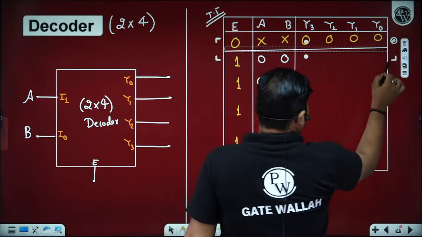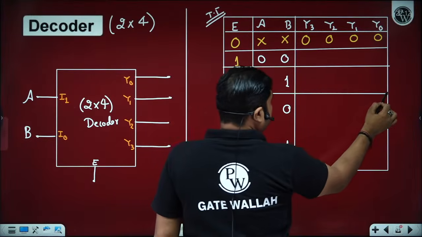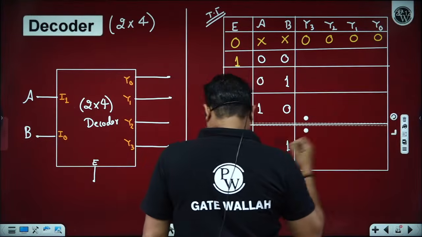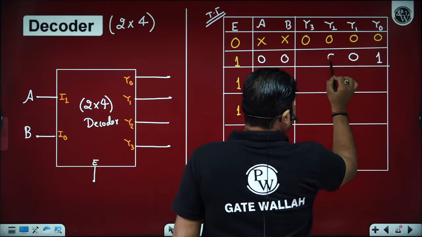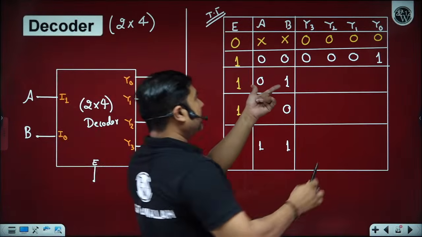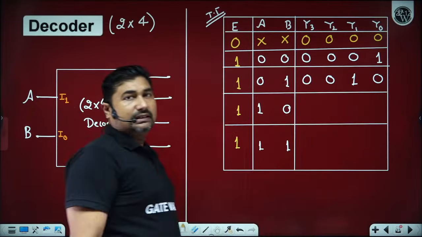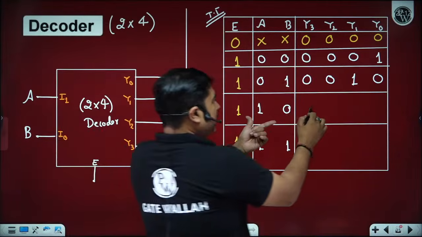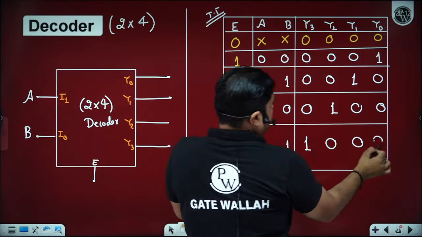If enable is high and the input data is 0, 0, then the Y0 pin will become high and the rest of the output pins will remain low. In the same way for binary 0 1, Y1 is high, all others are 0. For 1 0, Y2 is high, all others are 0. For 1 1, Y3 is high, all others are 0.